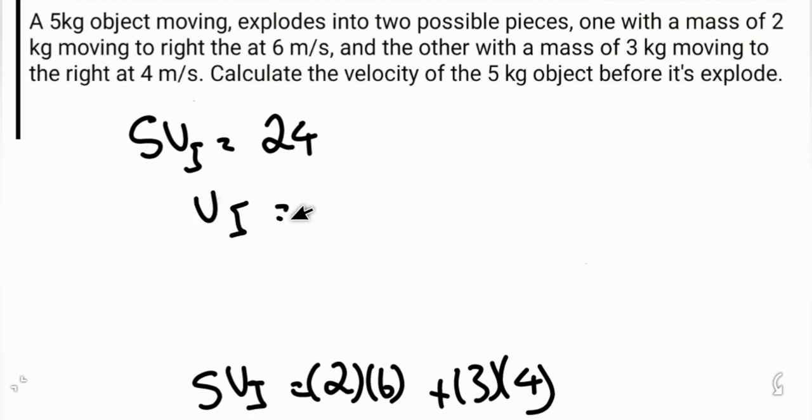So our initial velocity will be 24 divided by 5, which is 4.8 meters per second. Then that means this object was moving to the right.